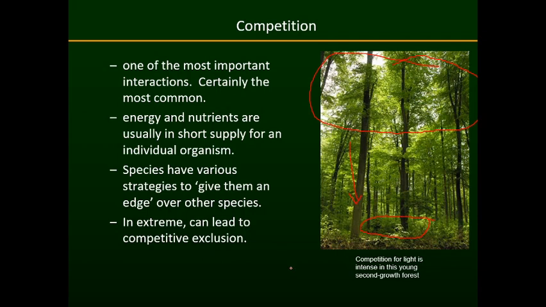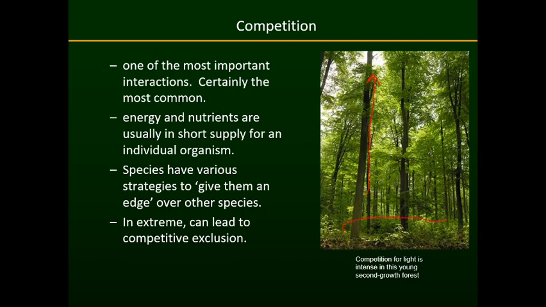Now, species have evolved different strategies to give them an edge over other species. The trees, for example, their strategy is to grow really tall, to get up above the competition so that they can get as much light as they want once they're up there. But they have to get there in the first place, and that can take a long time.